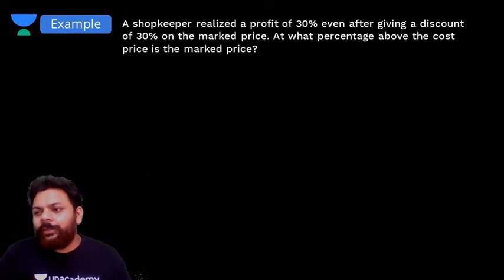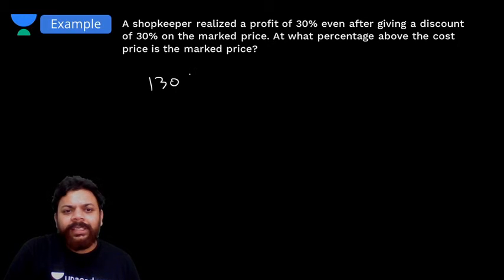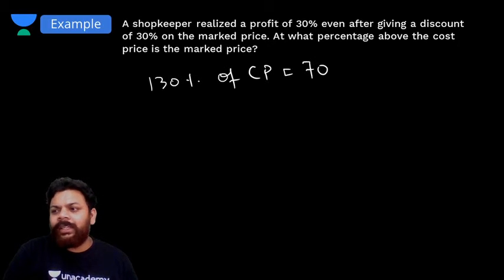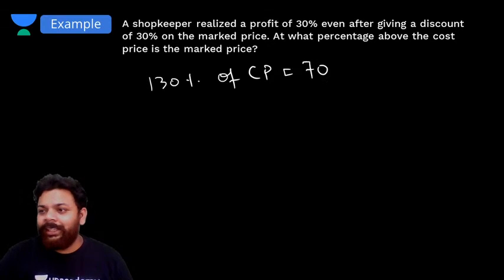Absolutely correct, Subhashish. Equation will be like this one: 130% of CP must be equivalent to 70%. Umesh Malik 185. चलो चार आंसर आ गए.